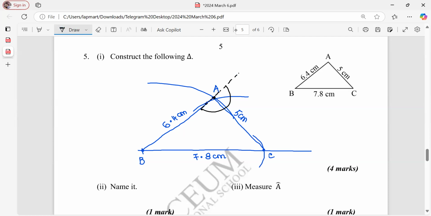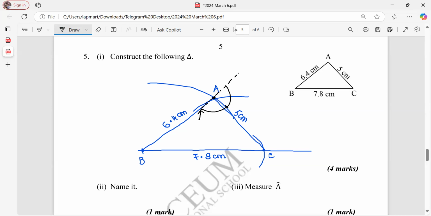From this corner you have the 0 in the scale, and you slowly move your finger, and when you come to this level, you just see what's the angle value you get, and that will be the angle A, right?